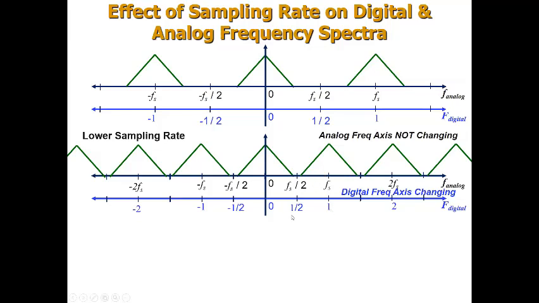Now, if we viewed this same difference between these same two in the discrete time domain, in the digital frequency domain, notice up here in the digital frequency domain, we have our triangles would cover maybe from -1/4 to +1/4. Whereas at the lower sampling rate, now they're going from -1/2 to +1/2. So not only are they closer together, but when we choose a lower sampling rate, if we look in the digital frequency domain, it looks like our spectrum has spread out a bit.